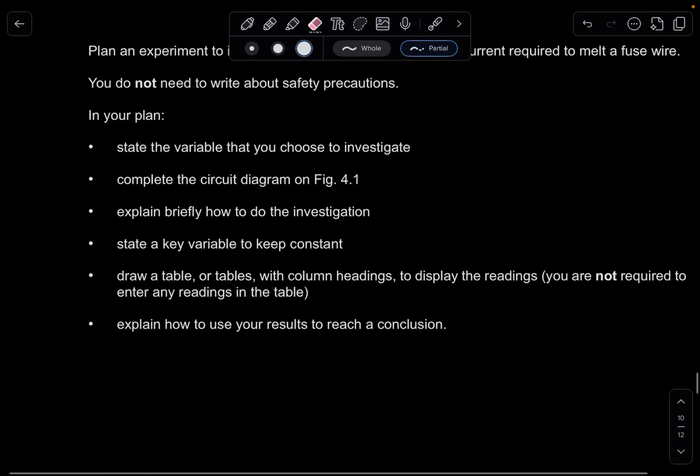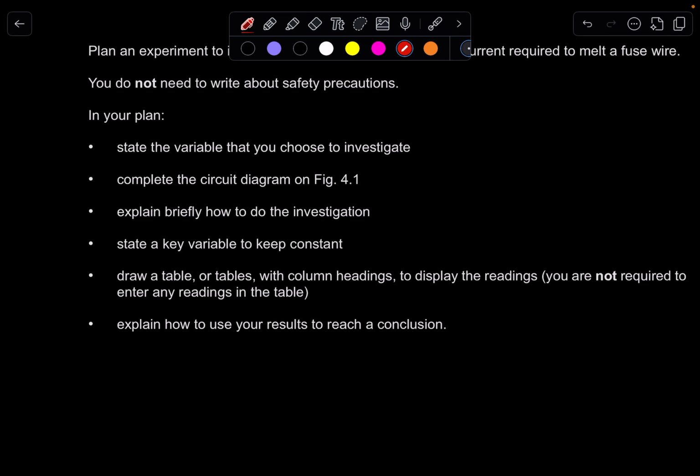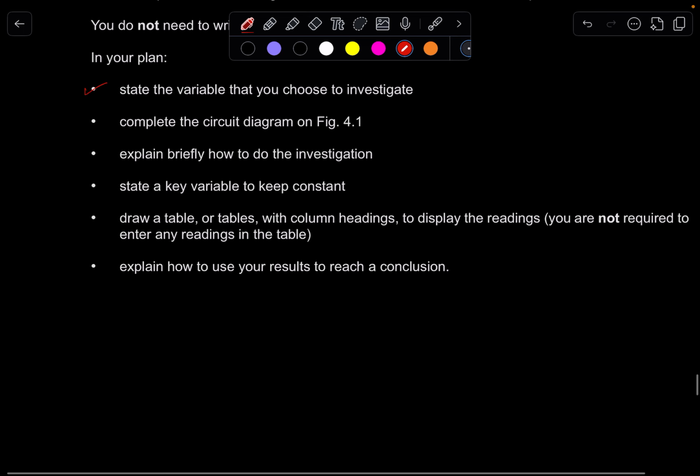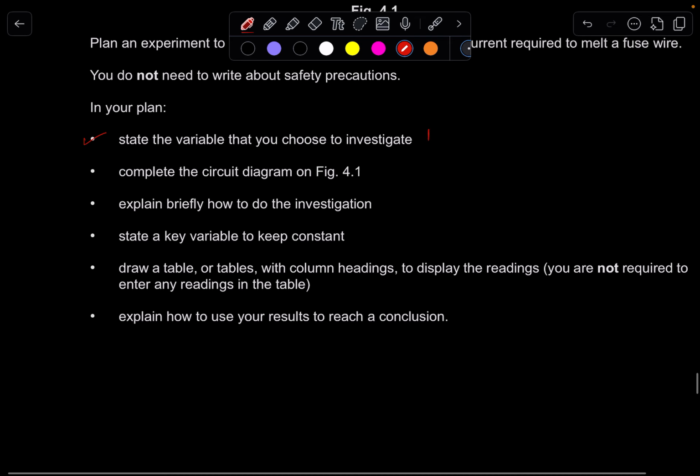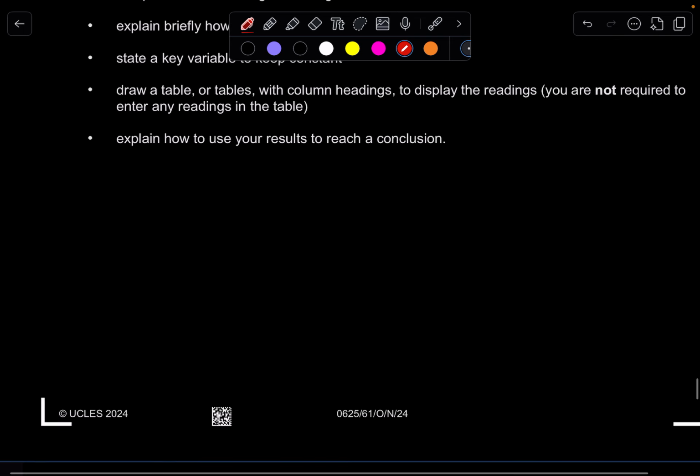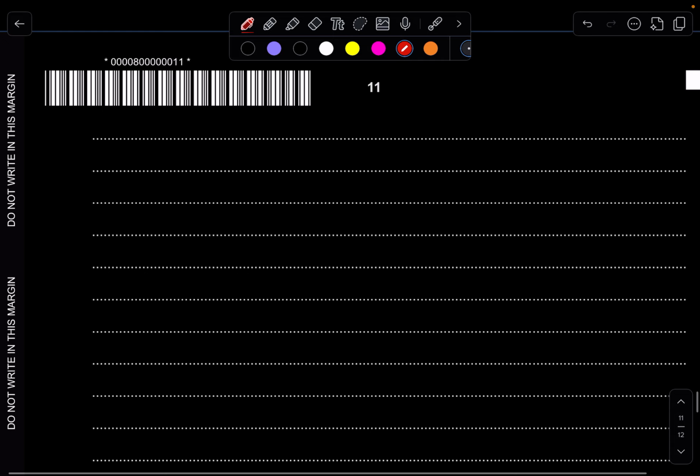Okay, so state the variable that you choose to investigate. This part is for 1 mark. First we have to give the heading, independent variable.